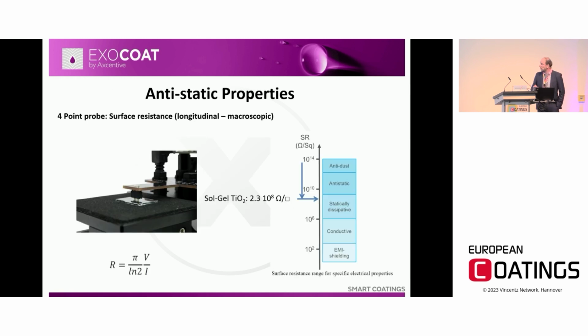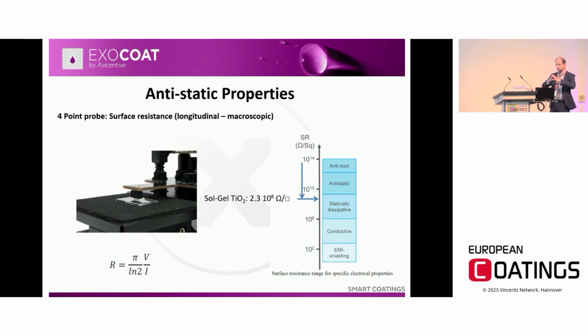So this superhydrophilicity is related to the antistatic property. And in fact, the antistatic property is basically related to the electrical property of a surface, and it's expressed in surface resistance. You can analyze this with a 4-point probe.